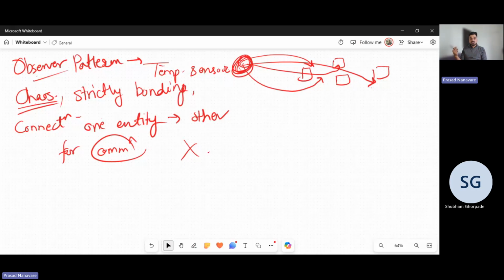The event producer is the subject, meaning the temperature being detected is an event producer, and the rest are consumers, meaning observers. The subject notifies the observers when changes occur.